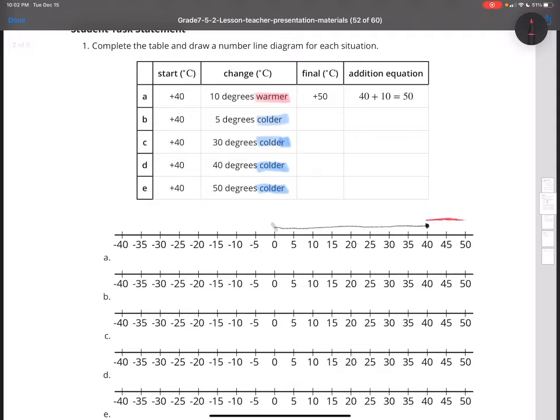So here's my little red arrow, and I land at 50. Notice that the number line is counting in increments of 5, okay? So I know that if it says 10 degrees warmer, I needed to go past 2 tick marks, or that the length of my arrow should be 2 units long on the number line because it's going in increments of 5.